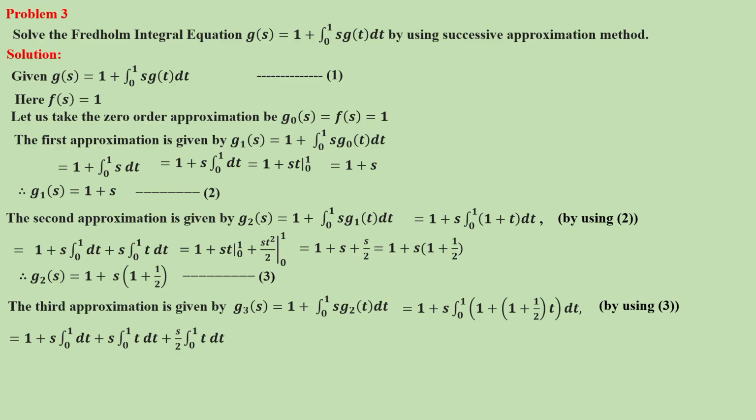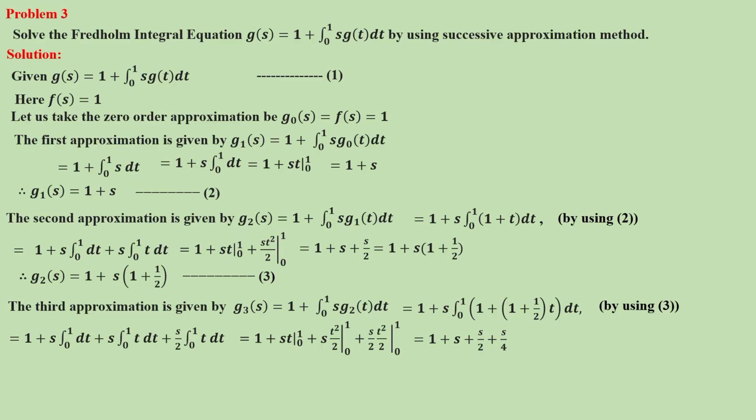We know integral dt is t and integral t dt is t square by 2. Substituting, we will get 1 plus st, lower limit 0 upper limit 1, plus s t square by 2, lower limit 0 upper limit 1, plus s by 2 t square by 2, lower limit 0 upper limit 1. Substituting the lower and upper limits, we will get 1 plus s by 2 plus s by 4.